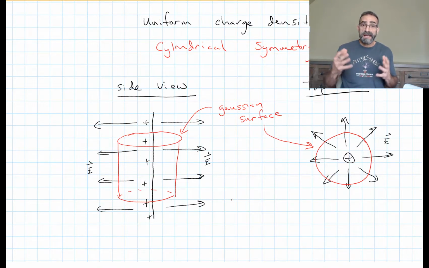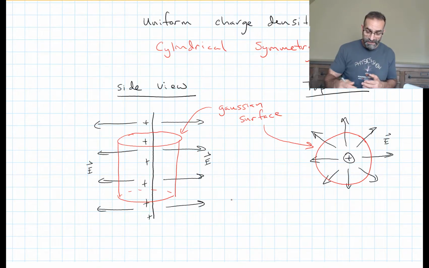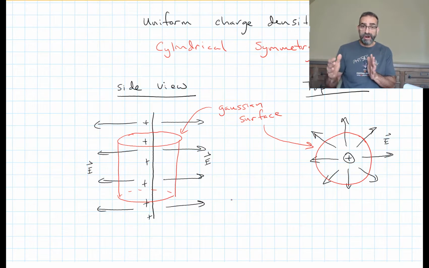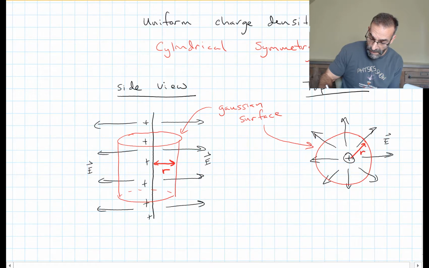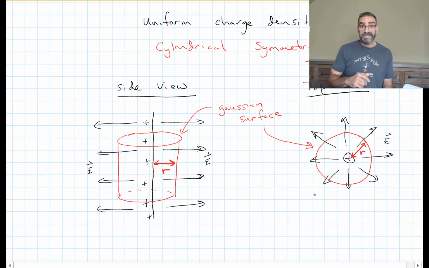We want the electric field as a function of r, at any arbitrary distance r from our charge distribution. So I'm making my Gaussian surface a distance r from my line charge.